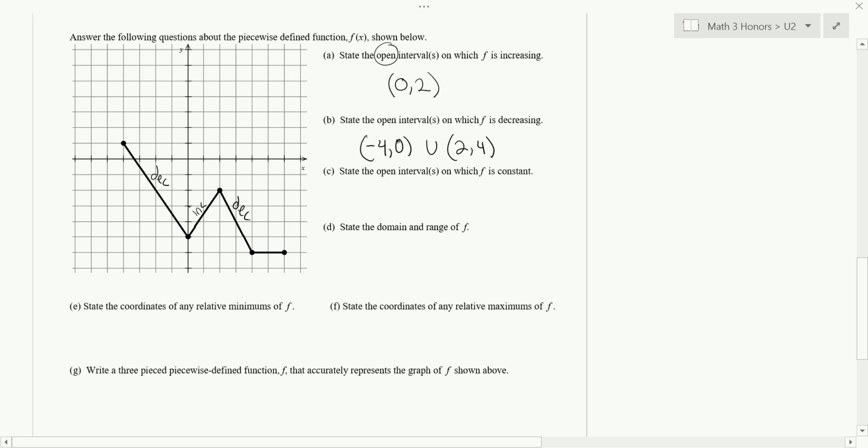And then C, state the open intervals on which f is constant. Luis? Or 6. Brackets or parentheses? Only parentheses, because all these are saying open intervals, right? Okay. Then D, we have the domain and the range. I'm going to split that up. So first, let's look at the domain. Domain, Andrea, what did you get?